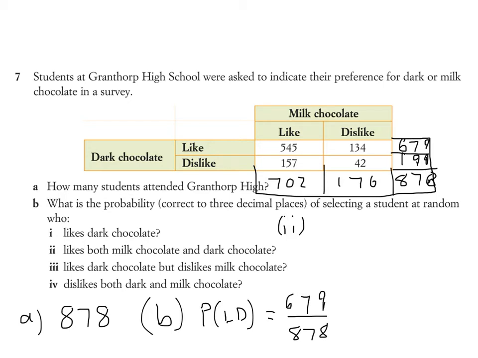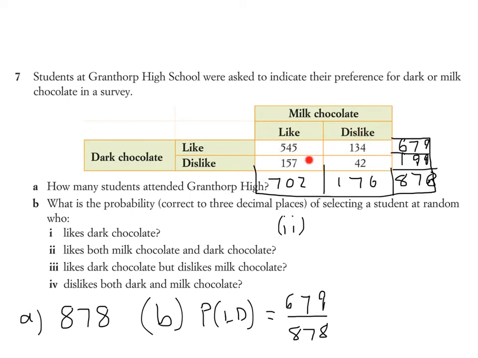Let's do question B, part 2 now. Likes both milk chocolate and dark chocolate. If you like milk chocolate, you are one of these people, one of the 702 people. But if you also like dark chocolate, you're one of these people.